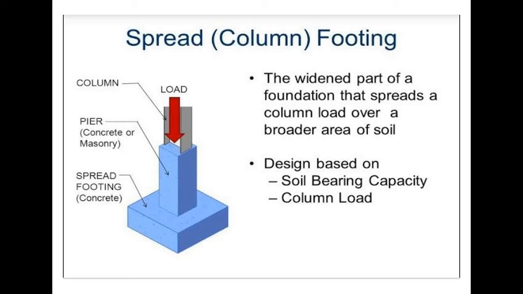The pier is constructed with concrete or masonry, and the spread footing is constructed very near to the pier. The design is based upon the bearing capacity of the soil and the load coming from the superstructure.